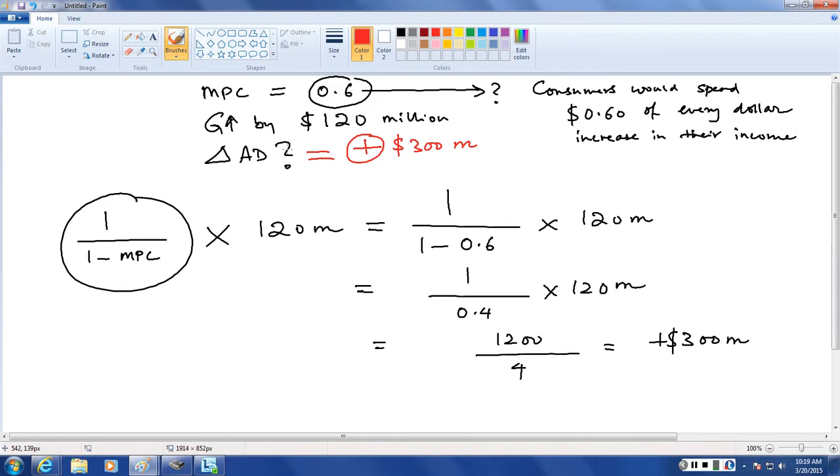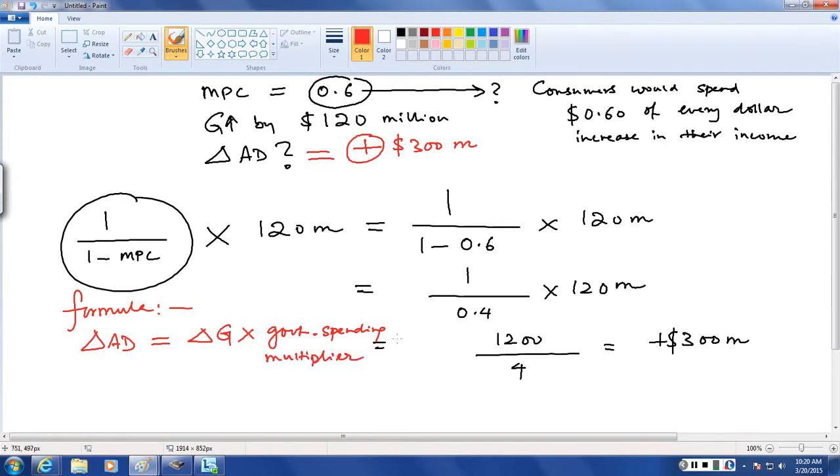So we have a formula that we can now apply. And what is that formula? The formula that we can apply to these situations is the change in AD equals change in government spending times government spending multiplier. Right? Now in our story here, what's the change in government spending?